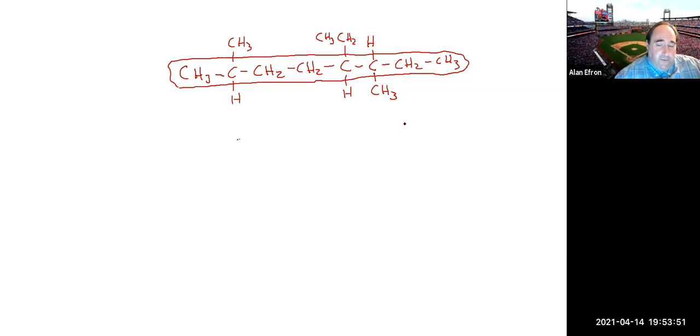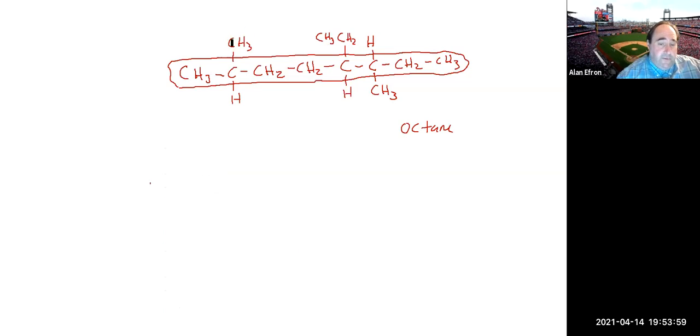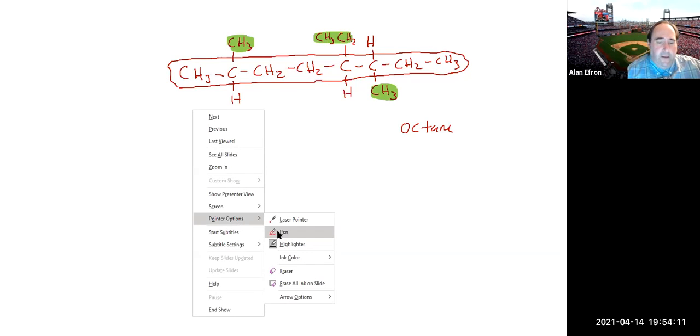8 carbons in a row is going to be octane as the base of our name. We now want to look and see what we got going on in terms of groups. Well, we got a 1 carbon group there. We got a 1 carbon group there. And we got a 2 carbon group there. Again, these are groups that are not part of the main chain, so we know they're groups.